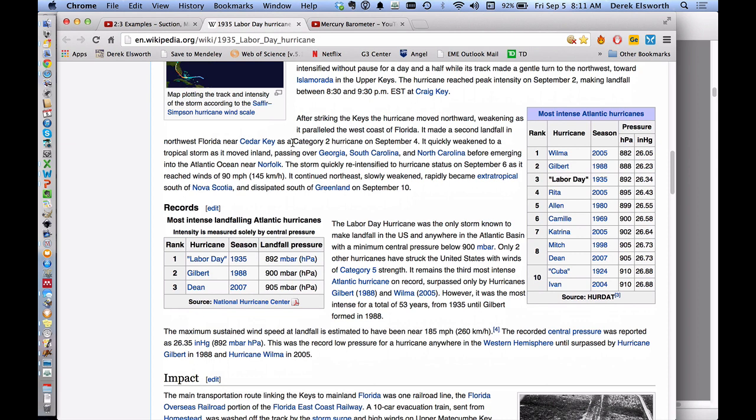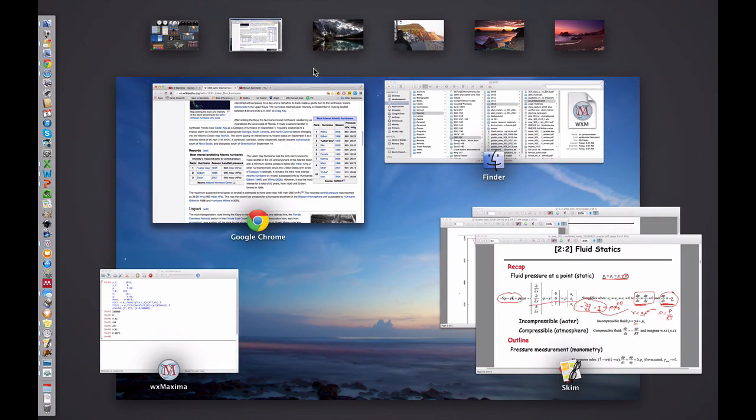The pressures in the center of the storm, looking at the lowest pressures ever, are of the order of something like 100 kilopascals less 10; 1 bar would be 100 kilopascals, and so this is less than that by about 10 kilopascals.